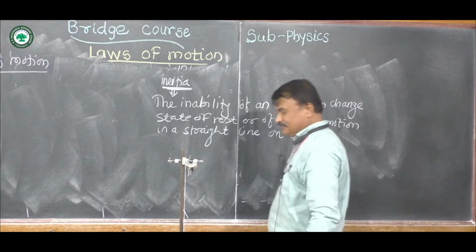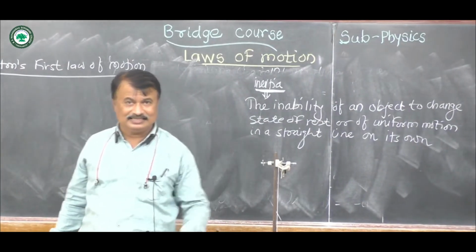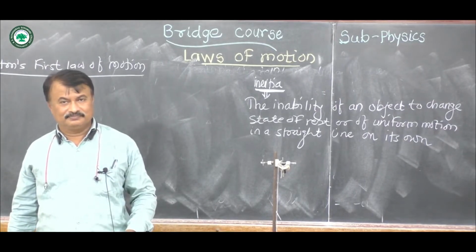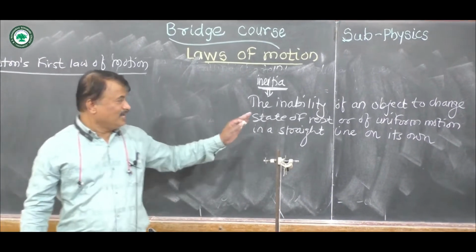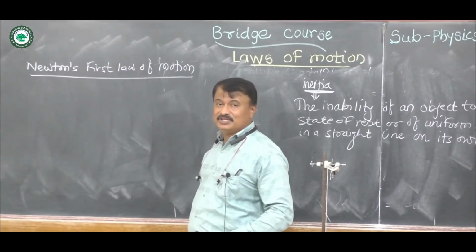That is called inertia. And due to inertia, the coin dropped in the glass jar. So with the help of this, we can write the statement for Newton's first law of motion.